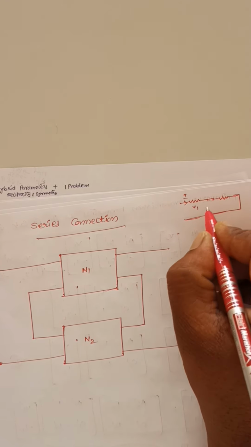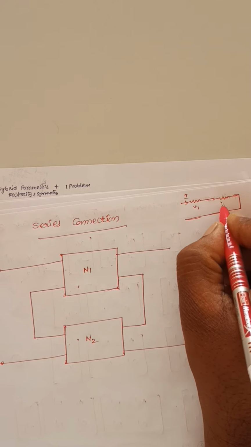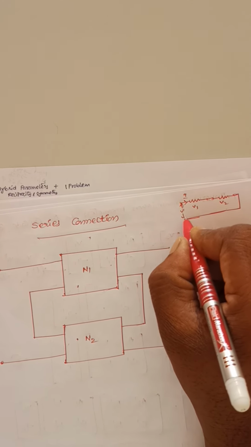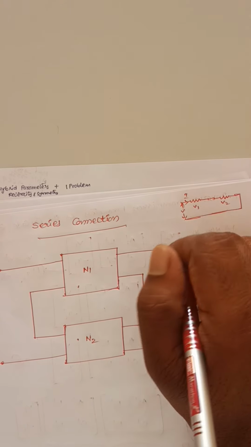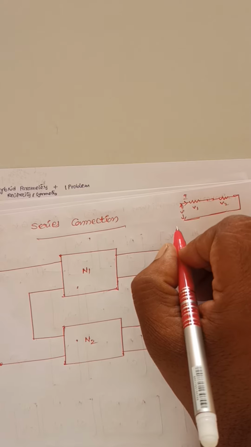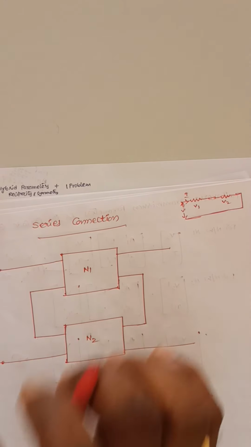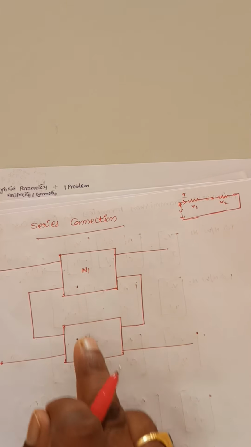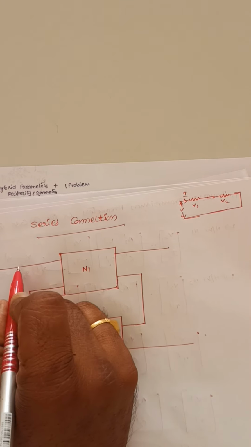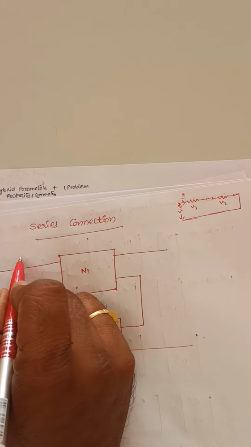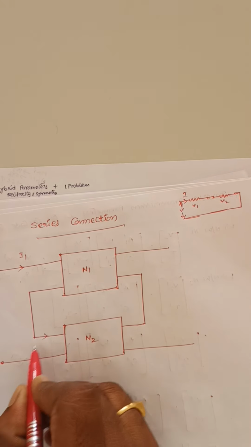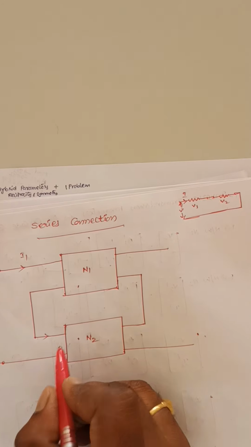The voltage here is V1, here it is V2. If you apply some voltage V here, the voltages are divided, but the current is the same in both resistors. In a similar fashion, in a series connection of these two port networks, whatever current flows in the N1 network, let us assume it is I1, the same current will flow here also.